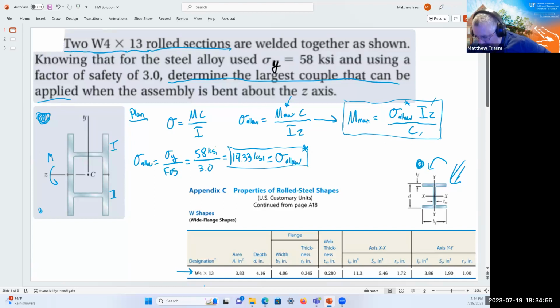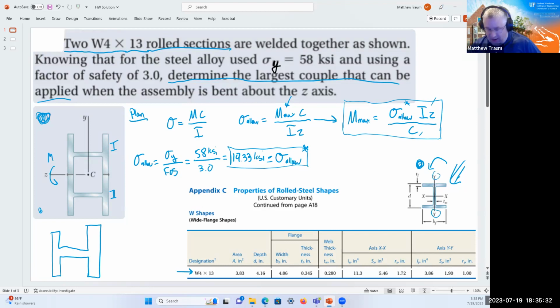What I'm looking at here is, let me just redraw one of these by itself. So I've got one of these I-beams all by itself, like so. In this case, the axis in the table that is in the same direction as the axis in this figure is the Y axis, right?